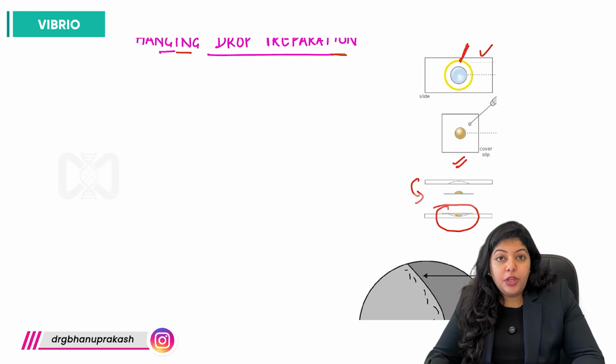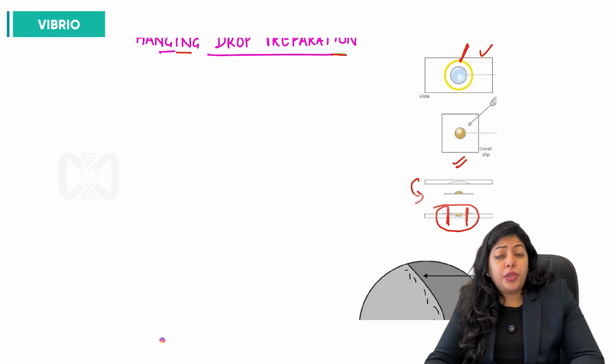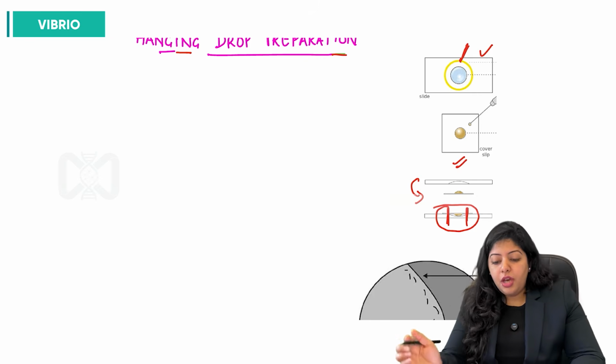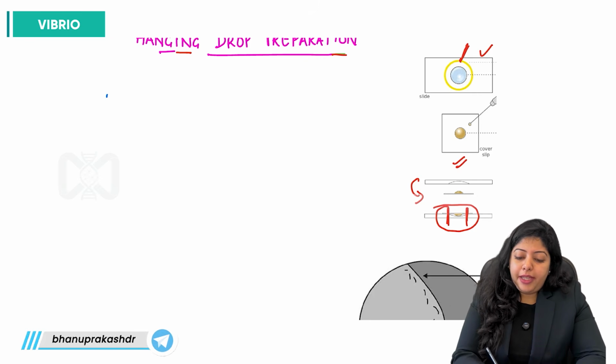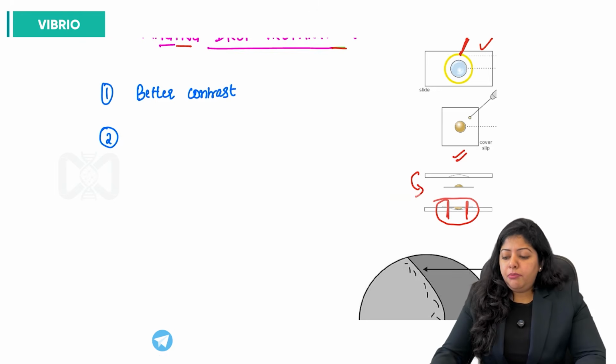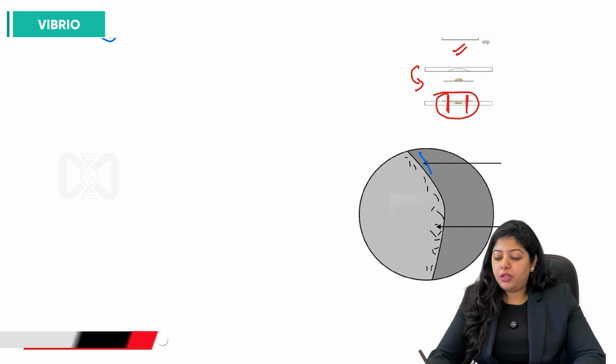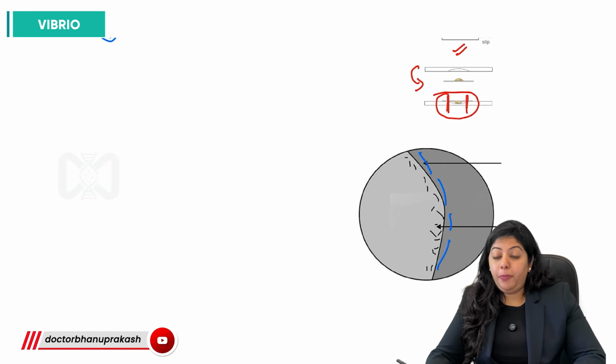And at what place are we going to observe the motility of the bacteria? It is going to be at the edges of the drop. So why do we look for motility at the edges? Firstly, because it provides a better contrast. Secondly, the majority of the motile bacteria tend to move towards the edges of the drop. See, a lot of bacteria are seen coming towards the edges of the drop.